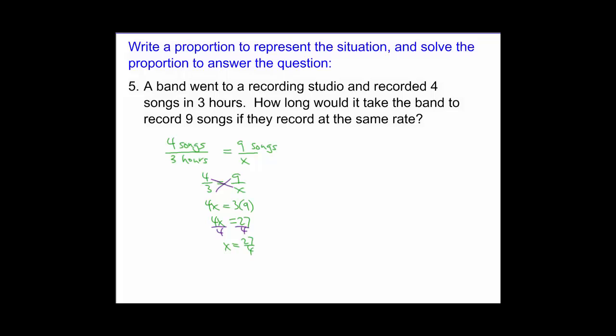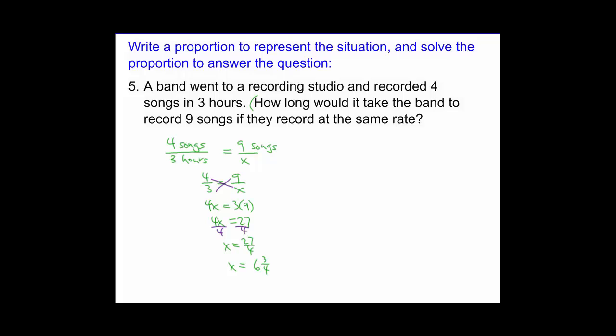Now that's an odd way to give the answer to how long, isn't it? So why don't we see if we can simplify that a little bit. 4 goes into 27 6 times, that's 24, with 3 left over. So that's 6 3/4 hours.